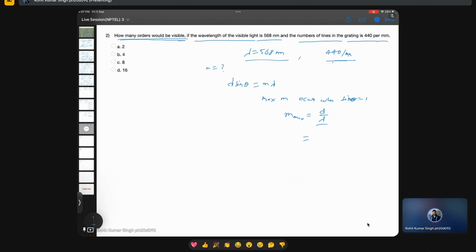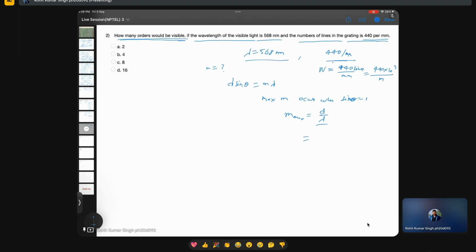So d is what? d is the slit width, basically the distance between the two slits. But that is not given. What is given is that there are 440 slits per millimeter. So what is the separation of a single slit? N will be 440 lines per mm, that means 440 into 10 to the power 3 lines per meter.